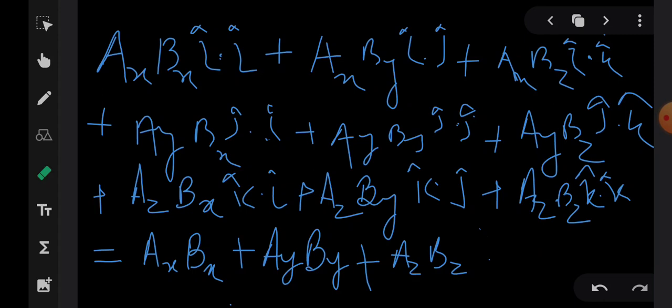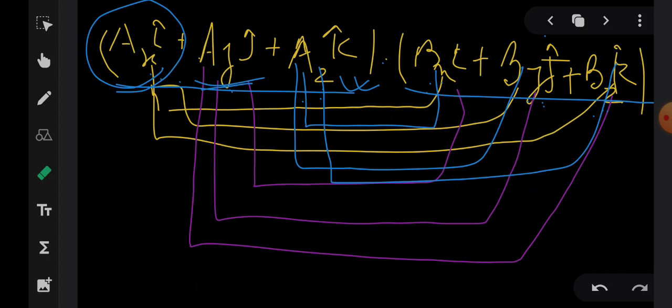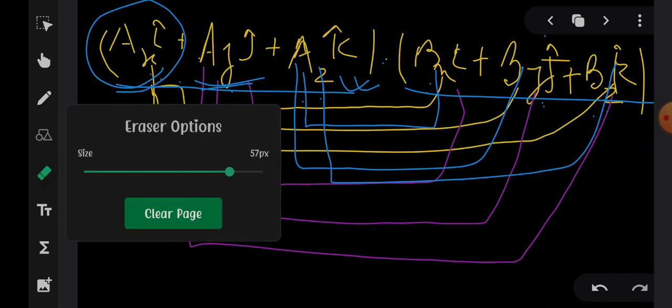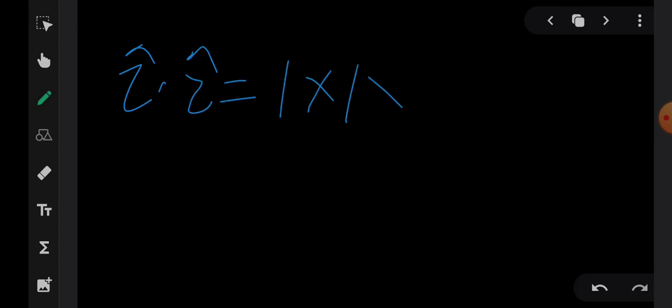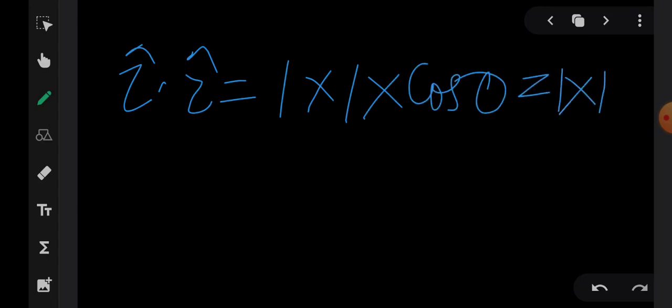So for i dot i, magnitude of i is 1, magnitude of the next vector i is 1, and the cosine of the angle between them is cos 0. So we can write i dot i as magnitude of first vector into magnitude of second vector into cosine of the angle between them, that is 1 into 1 into 1, that is 1.